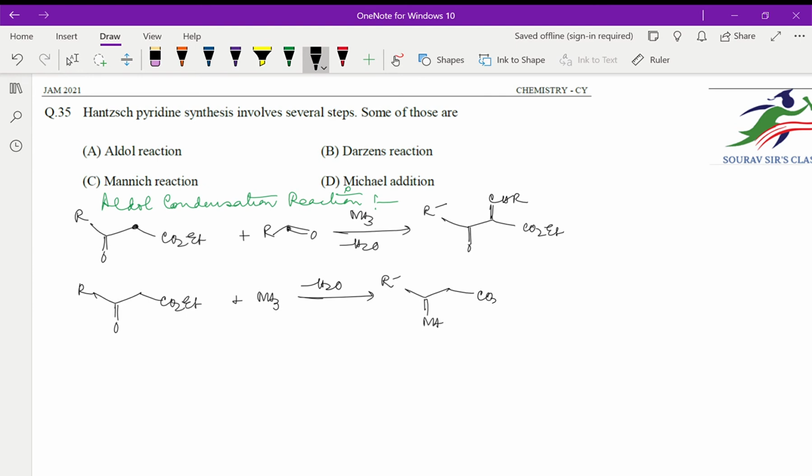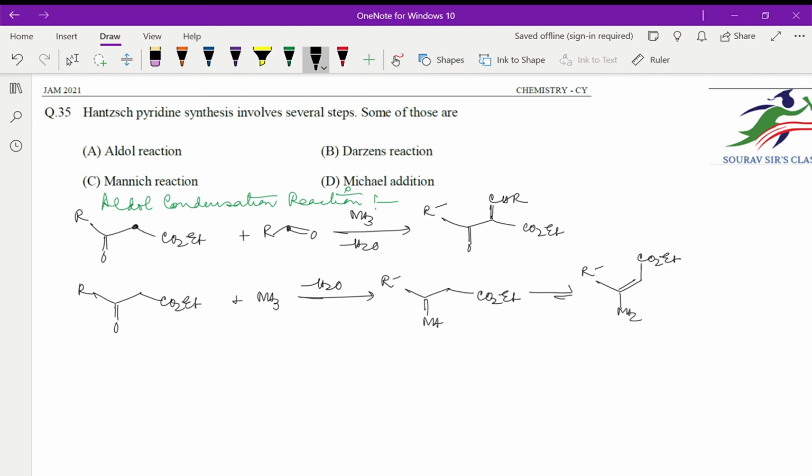Okay, so these are the two things that are formed over here. We can think of tautomerization, and obviously we will convert this as NH2 and that to be taken as CO2Et, and this is your R prime.